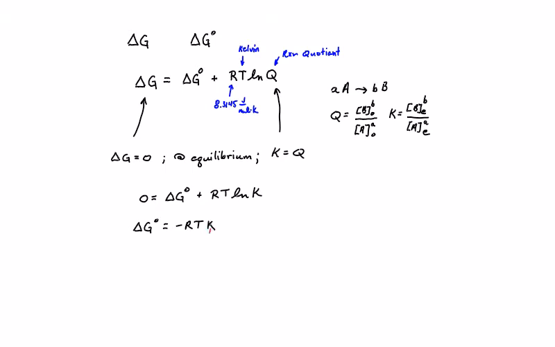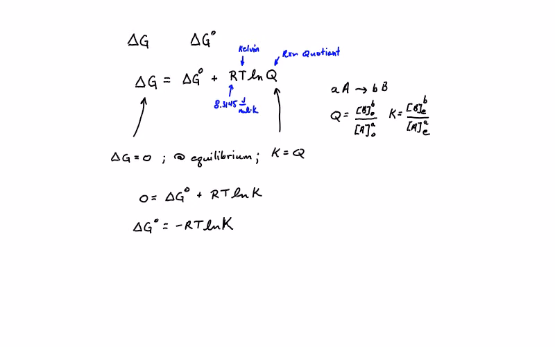Just forgot a natural log there. Which means that if we know the value that we calculate from the back of the textbook, we can predict what the equilibrium constant for a reaction is going to be. All we need to know is what the temperature is and what the free energies of formation are of the individual compounds involved in the reaction.